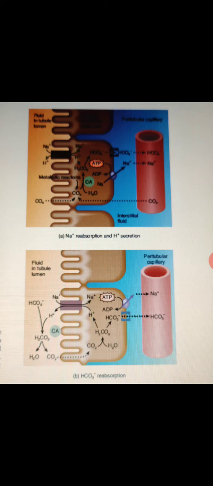Most of the bicarbonate ions in the filtered fluid are reabsorbed in the PCT, thereby safeguarding the body's supply of an important buffer. After a hydrogen ion is secreted into the fluid within the lumen of the PCT, it reacts with bicarbonate ions to form carbonic acid, which readily dissociates into CO2 and H2O.